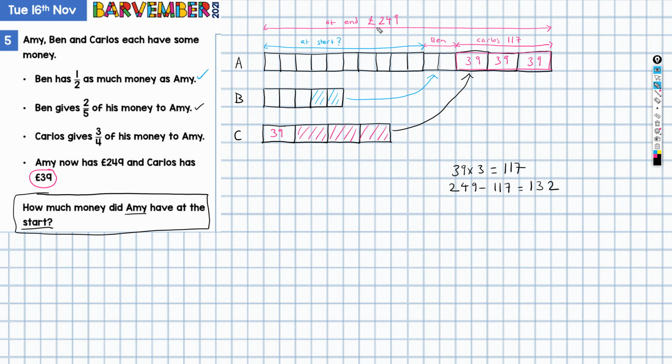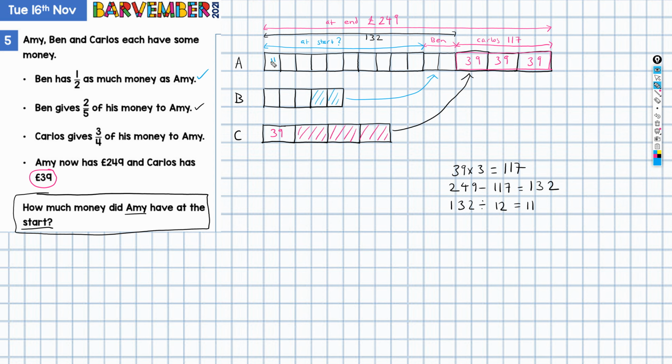That then gives us this bit here, and this is significant because we know that all of these parts have an equal value. Okay, so how many of these equal parts have we got? Well, the original was 10, and we've got these extra 2, so that's 12. So if we do 132 divided by 12, well, that gives us 11. And we now know the value of each of these parts. Each of these parts has a value of 11.